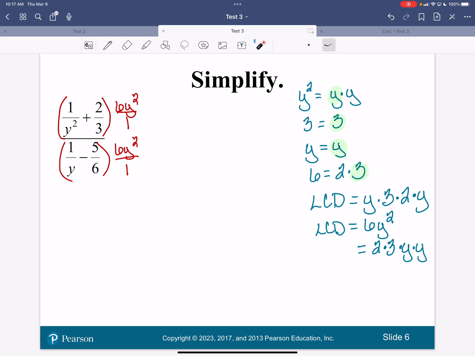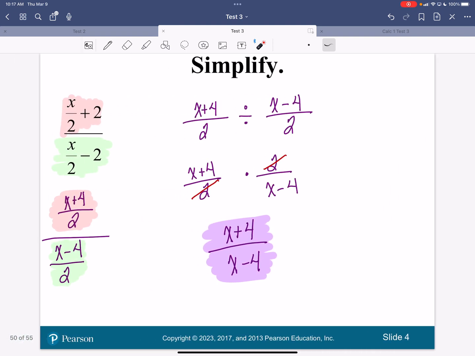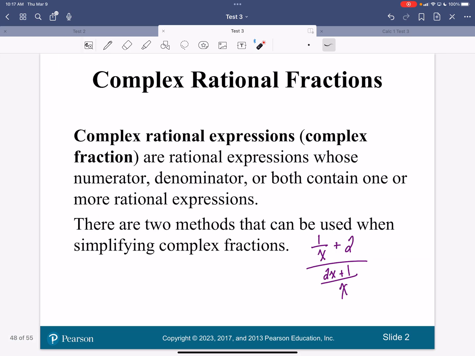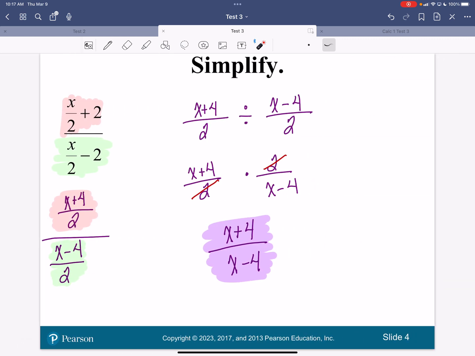Why? If we went back to this problem right here, when I was working the top off to the side, I put this over 1 and this over 1 to keep it straight, that everything here had a numerator and a denominator.